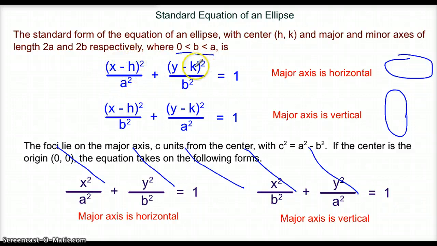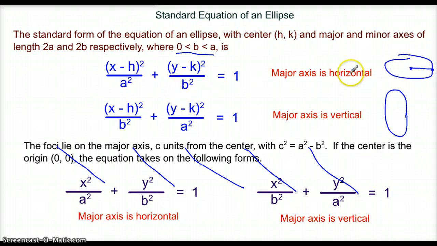h and k again are the coordinates of the center of your ellipse. a is the distance between the center and the vertex, so this distance from the center all the way to the vertex, which is on the ellipse.